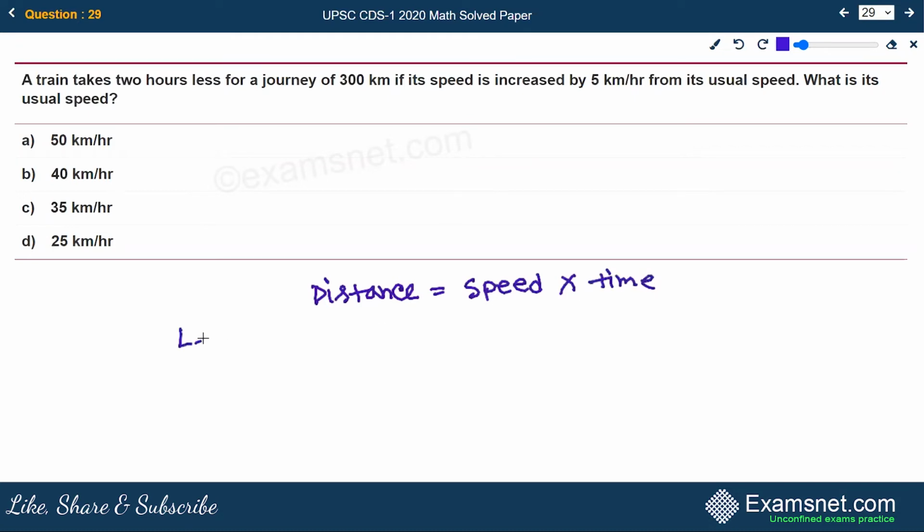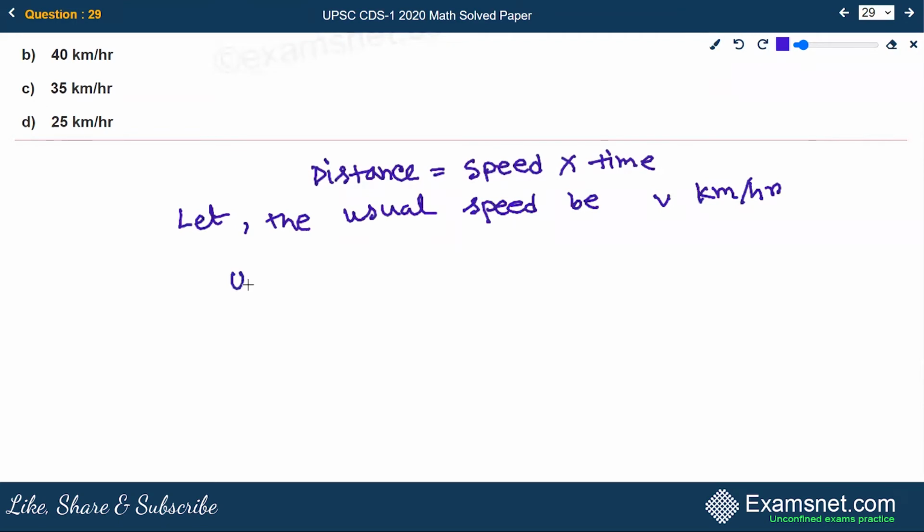Okay, so let the usual speed be v km per hour. So the usual time will be 300 by v.